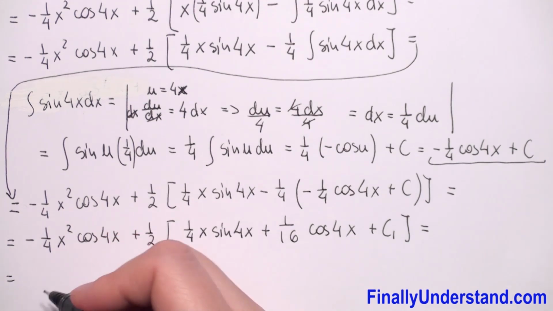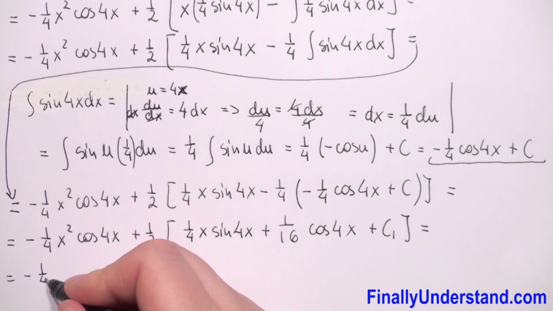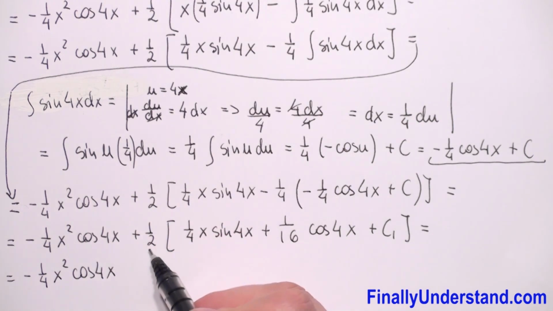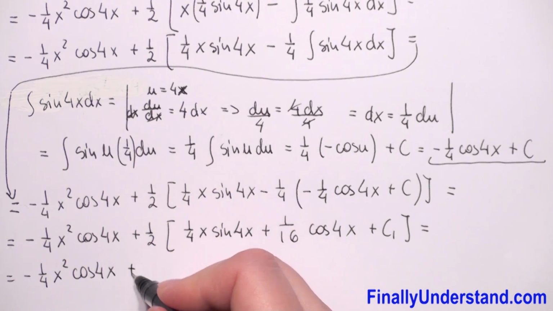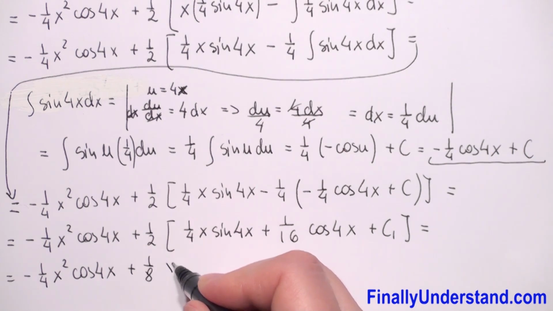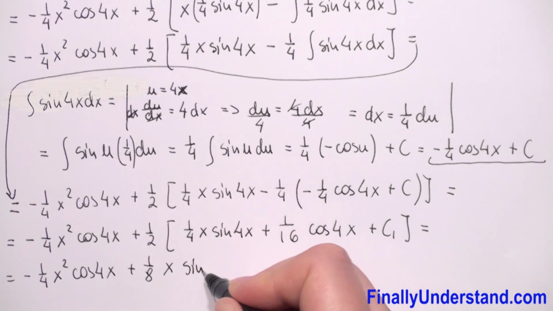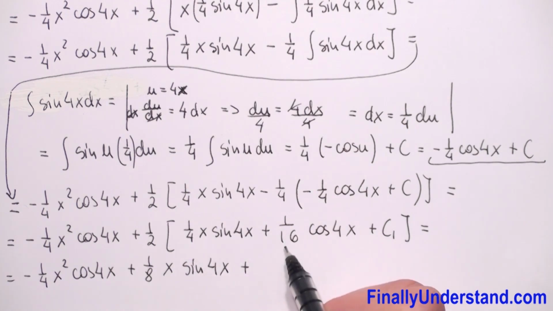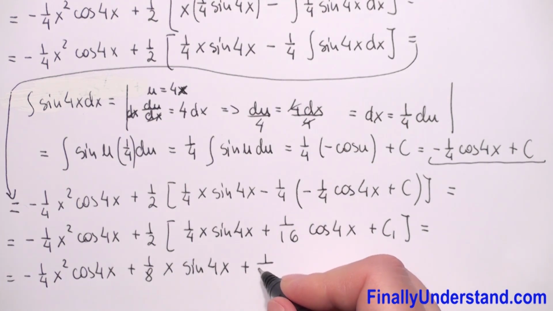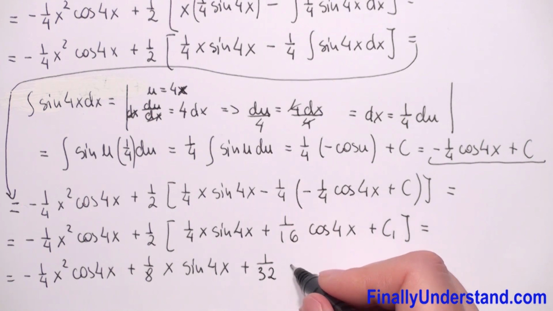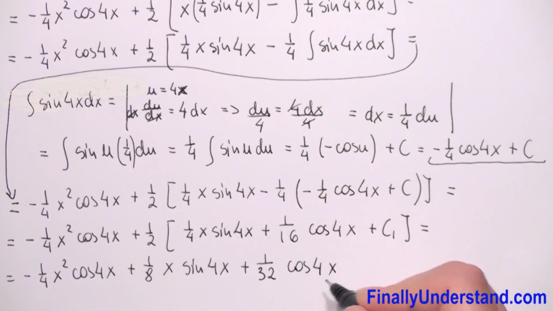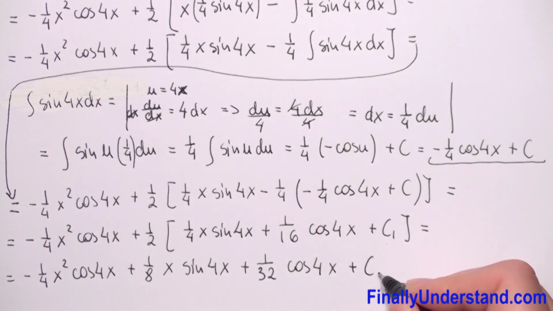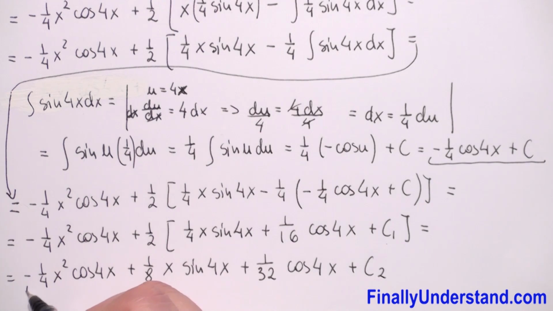We have negative 1 over 4x squared cosine 4x. 1 over 2 times 1 over 4 is 1 over 8 x sine 4x plus 1 over 2 times 1 over 16 is 1 over 32 cosine 4x. Constant times 1 half still will be constant, so I can put c2. This is my solution.